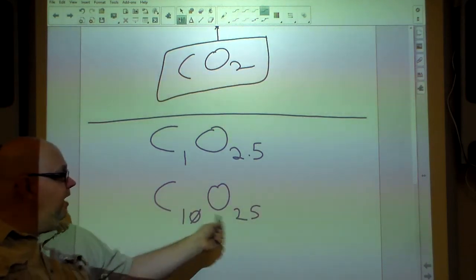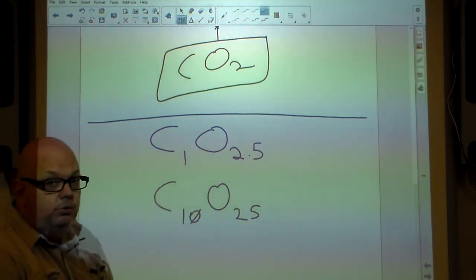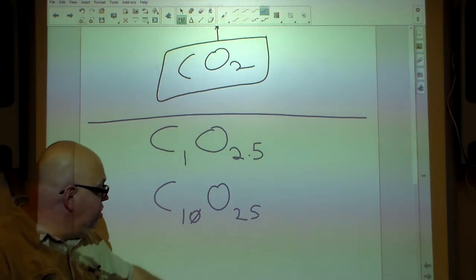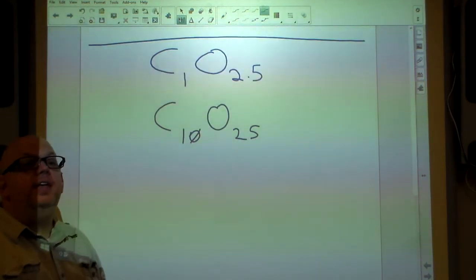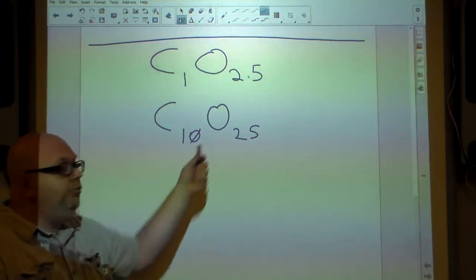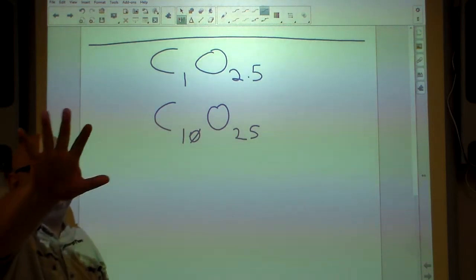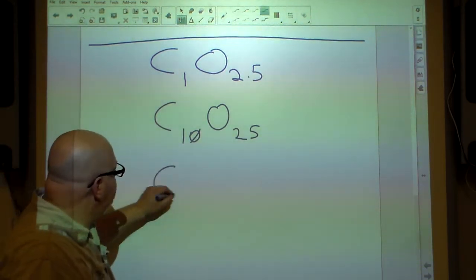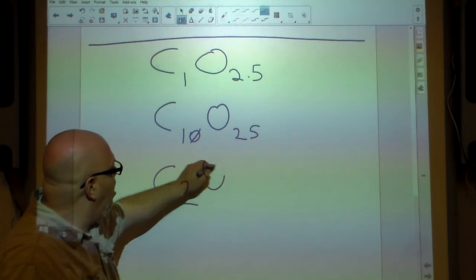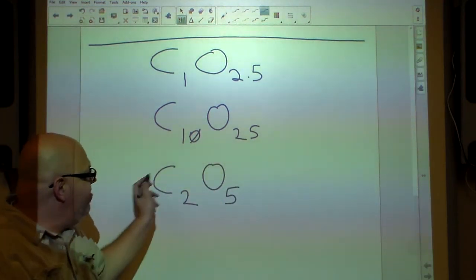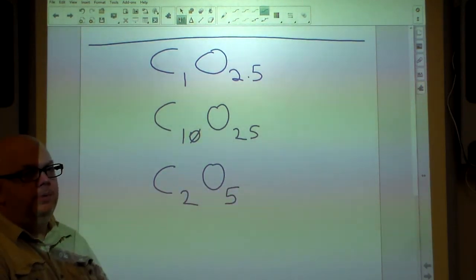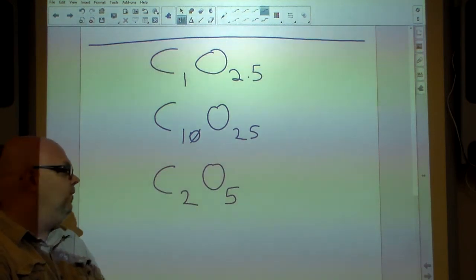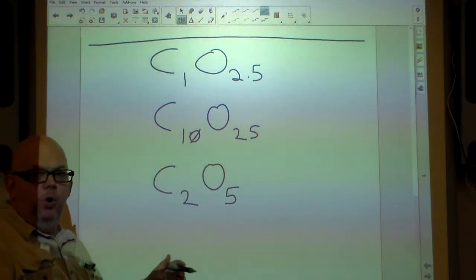Now, is that our empirical formula? Absolutely not, because we can reduce this down to its smallest number. Both numbers can be divided by 5, so if we divided both by 5, C2O5, and that would be an empirical formula right there. Okay? So that's one way to do it.